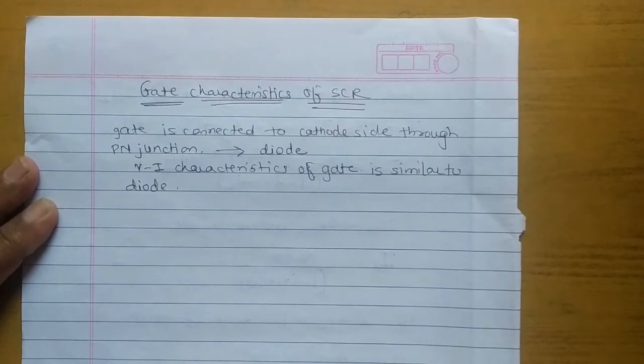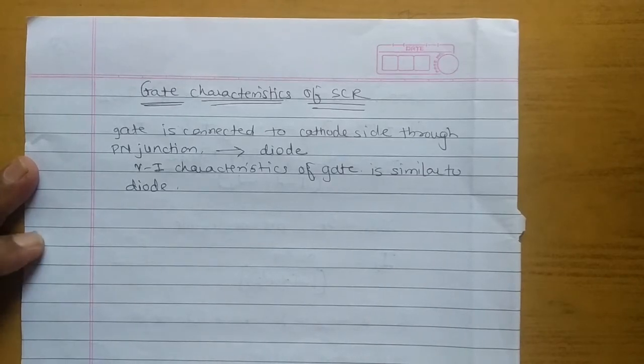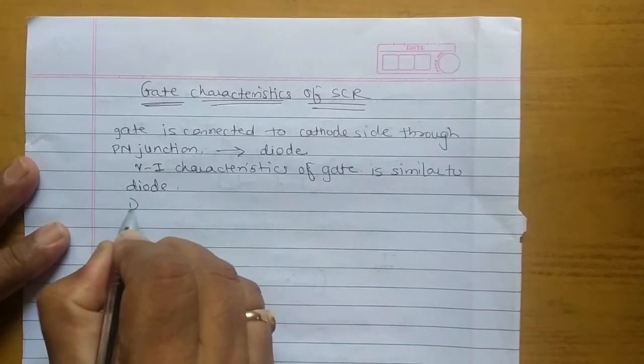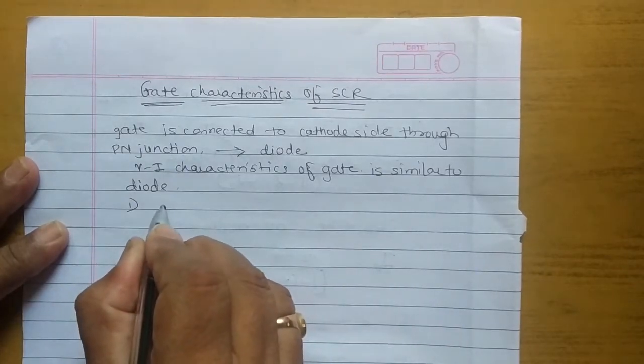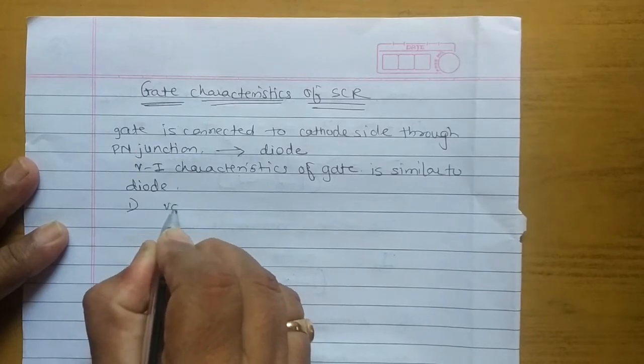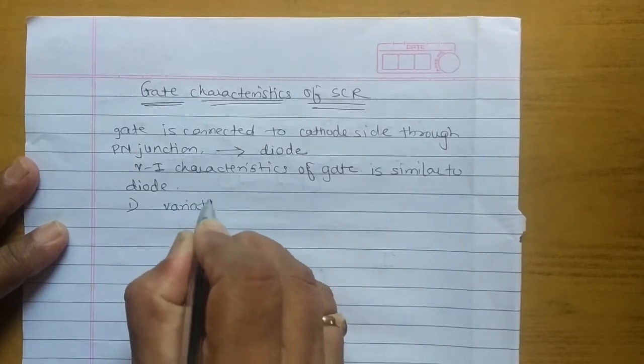So the circuit which supplies the firing signal to the gate must be designed. To design the circuit, it is necessary first that the variations are to be accommodated.